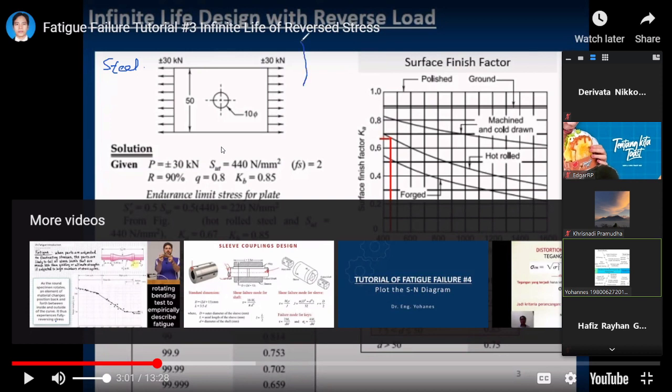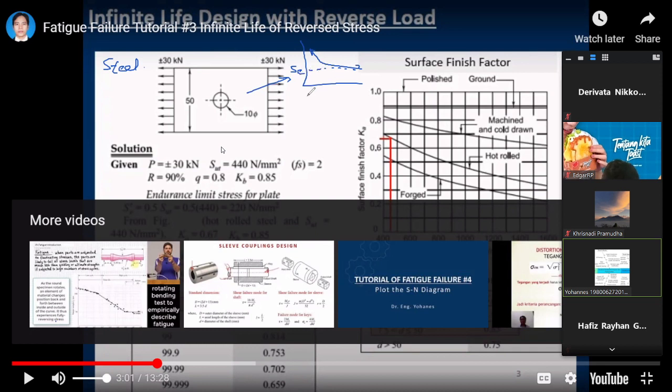Okay, first we have the endurance test of the material. So for this material, we check on the textbook or standard handbook, and we can find that this material has this kind of endurance strength. Okay, for this defined material, it has a certain endurance strength.